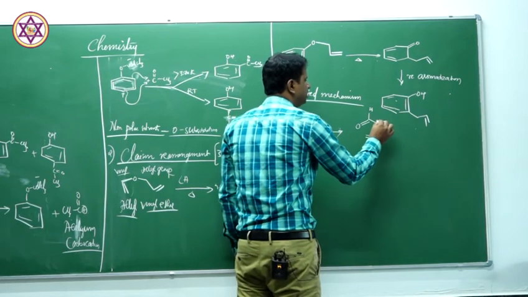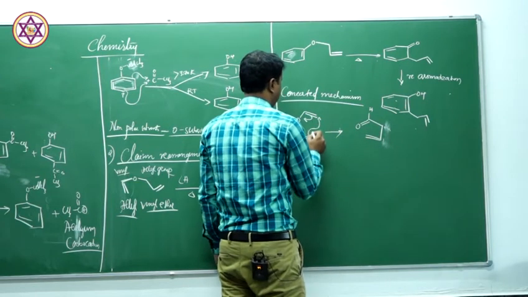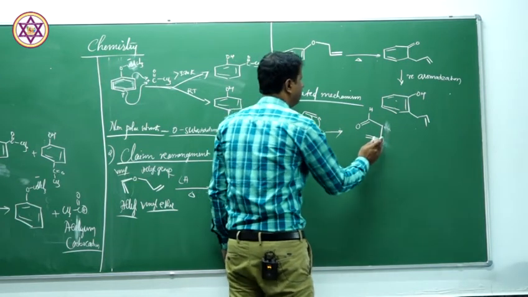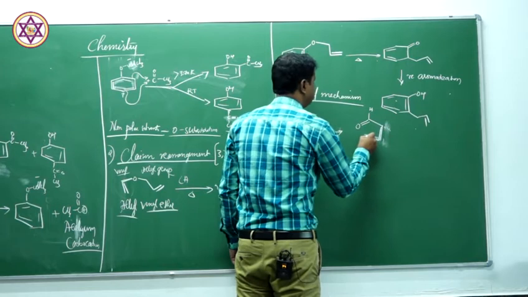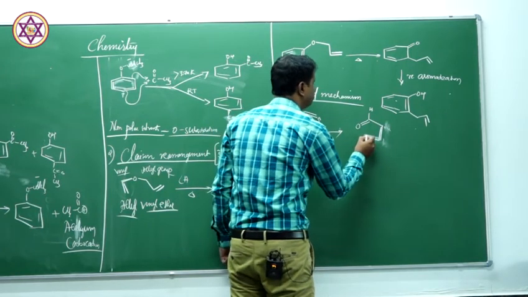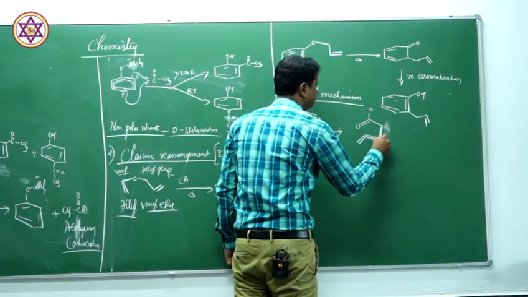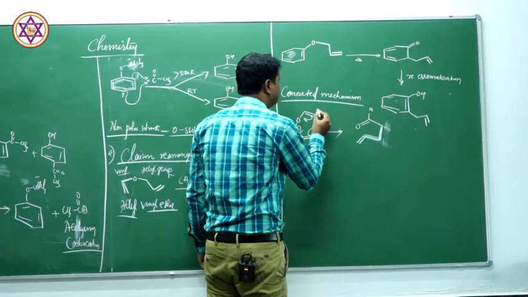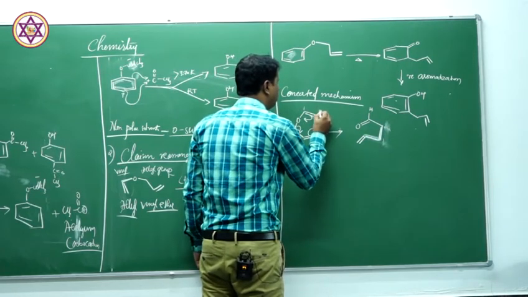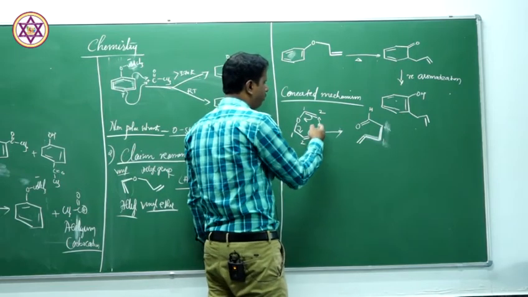This is alpha, and now we missed one more carbon here. This is 1, 2, 3. Now it will be like this. Let us write the numbers 1, 2, 1, 2, 3. There is a new sigma bond between 2 and 3.